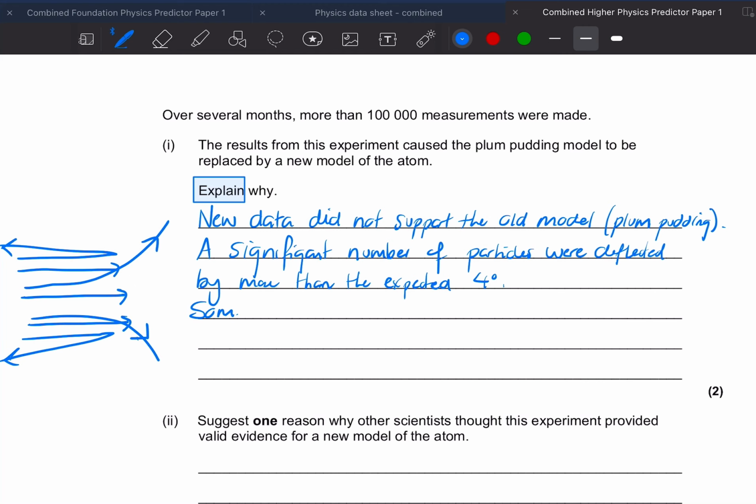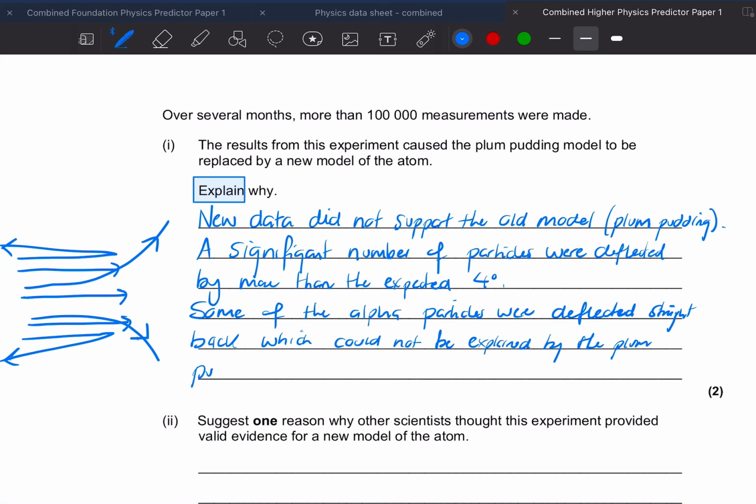Some of the alpha particles were deflected straight backwards, so straight back, which wasn't predicted at all, which could not be explained, as there's nothing in the plum pudding model that's dense and small.